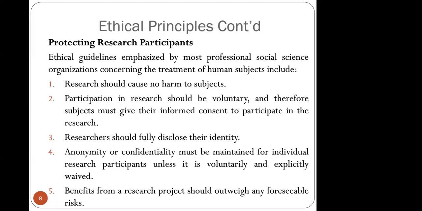So the use of consent forms. The researcher should fully disclose their identity. As a researcher, you need to disclose. That is why if you see the consent form, the preamble says that I'm a student, my name is so and so. I'm a student of, how do you call it? Ghana Communication Technology University.